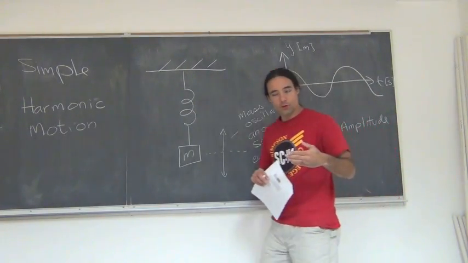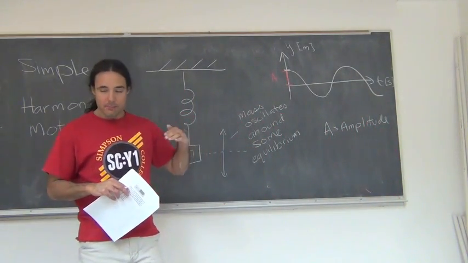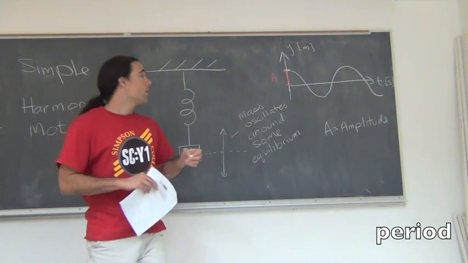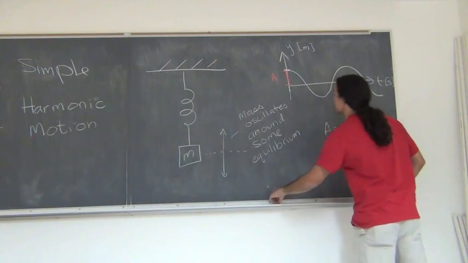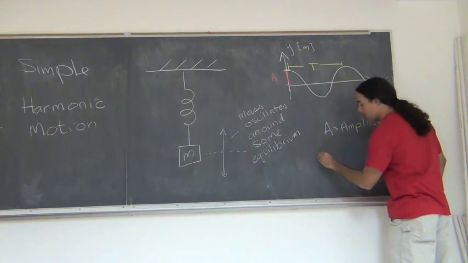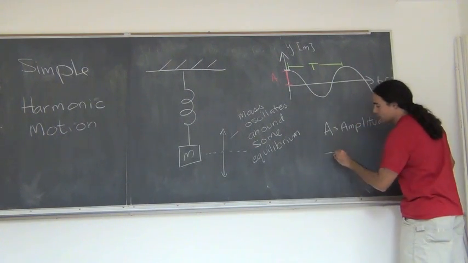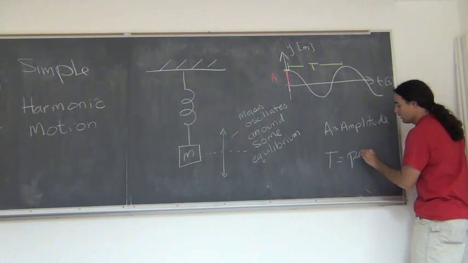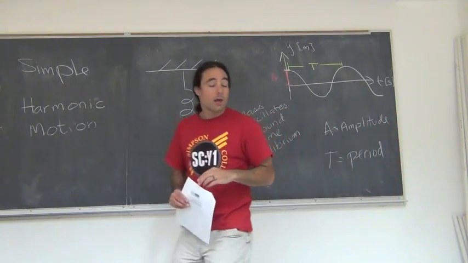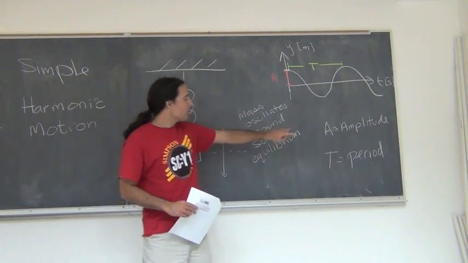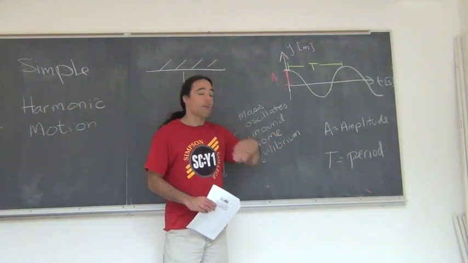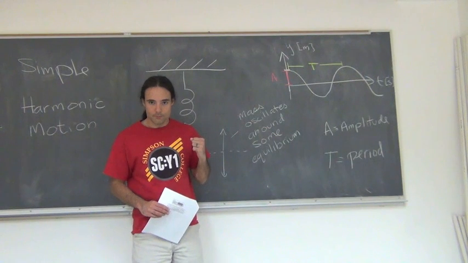So this is a type of motion that we call periodic motion because it repeats every so often. There's a certain period to it. The period is just the time it takes to repeat the motion. So I'll call the period T, capital T. So my amplitude, since we're measuring a distance here, that will just be in meters. My period, that will be in seconds.